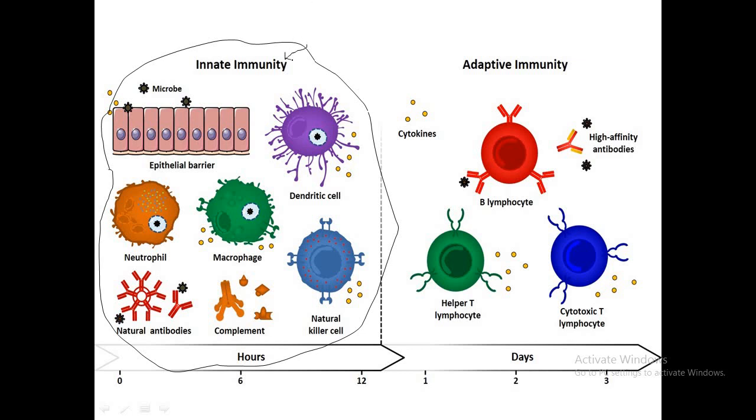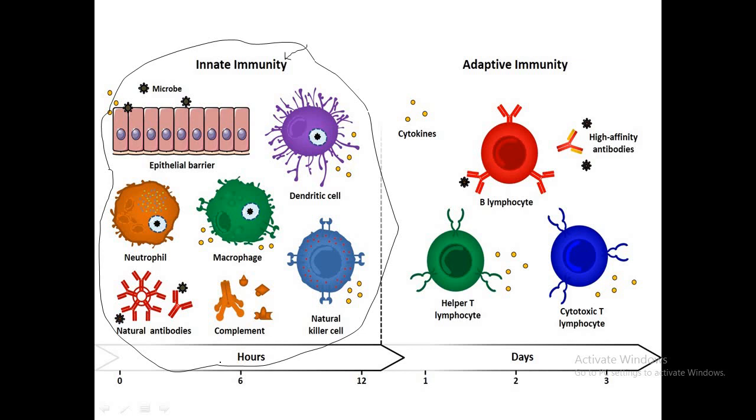This innate immunity provides the first line of defense, and it starts within a few hours, from 6 to 12. Their activity starts within hours, and they will try to remove the microorganism from our body.